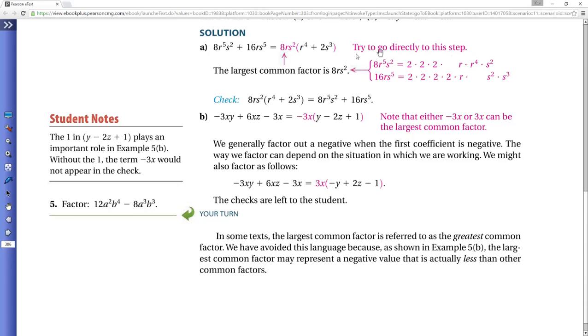See, I would leave the whole prime factorization of this 8r to the fifth s squared. They're just trying to show you maybe a different way of doing this. Well, that would leave r to the fourth left here, and then 2 times s times s times s, or 2 times s cubed. Okay, so that's the same thing here.